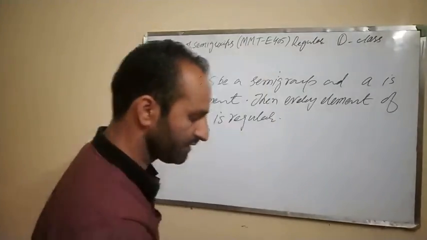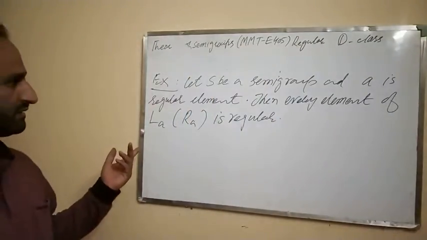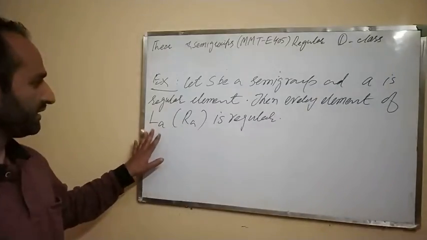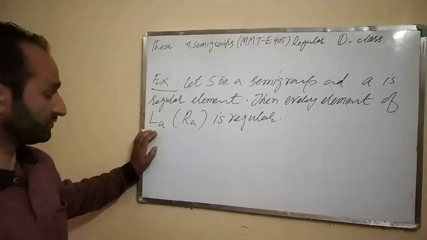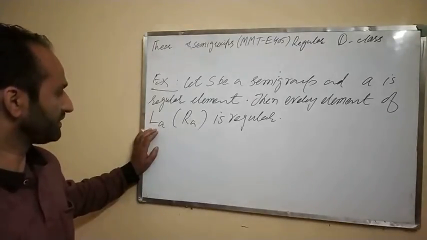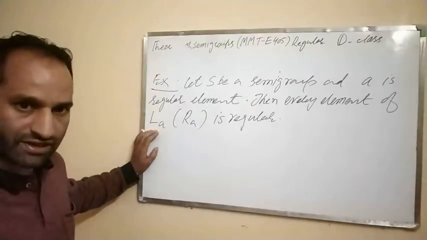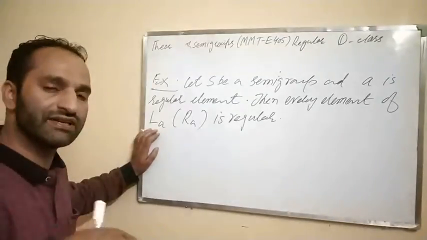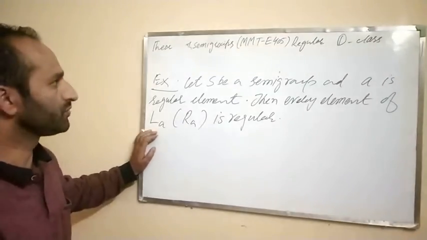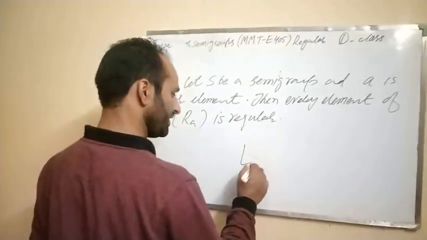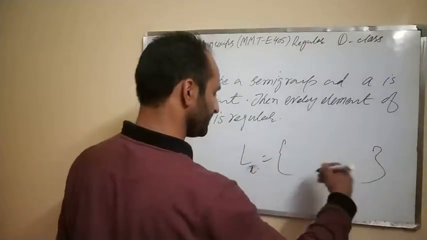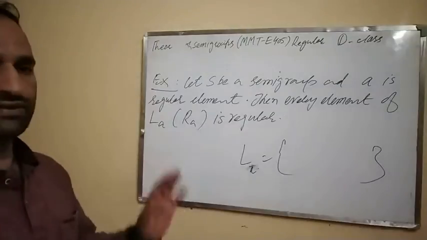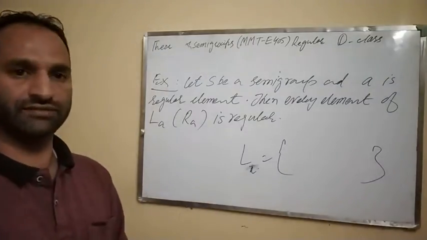So that means if in an L class we have one element which is a regular element, then every element of the L class is regular. Suppose we have the L class of any element X. It has say 100, 1000, any number of elements. It may contain an infinite number of elements as well.